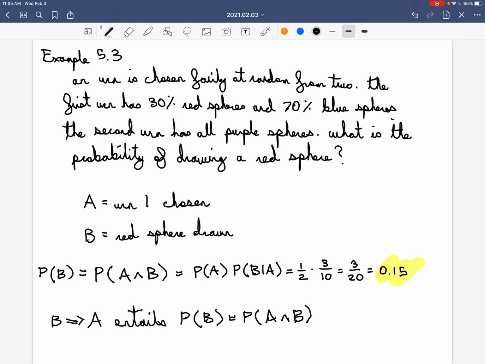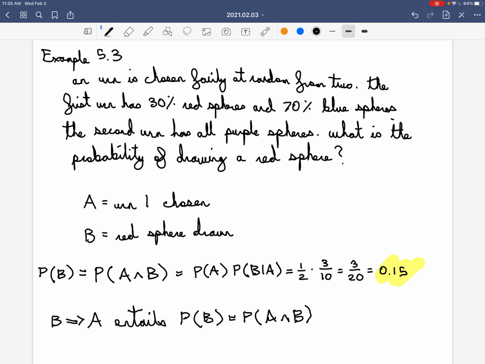So we can see an example of how to use conditional probability to calculate a probability of a conjunction. Let's say we have an urn being chosen fairly at random from 2 urns.